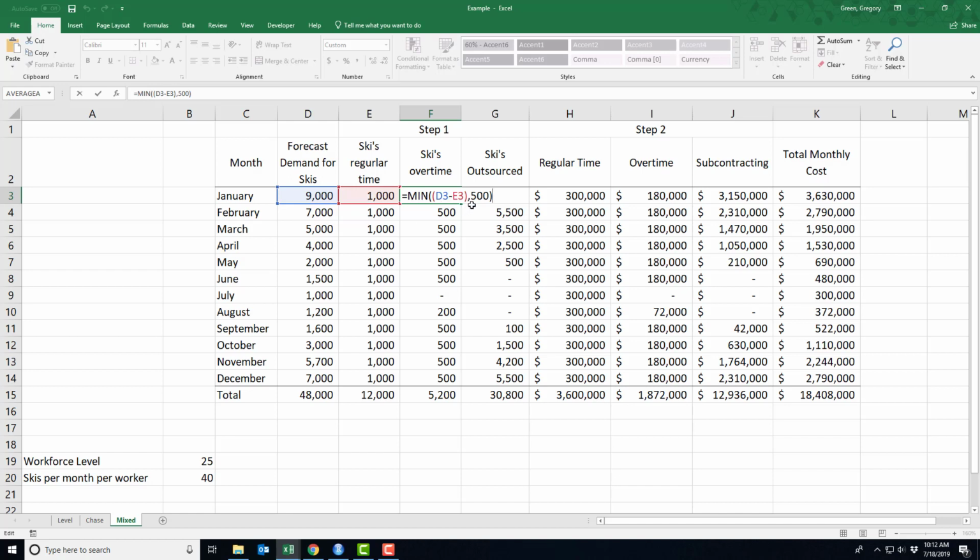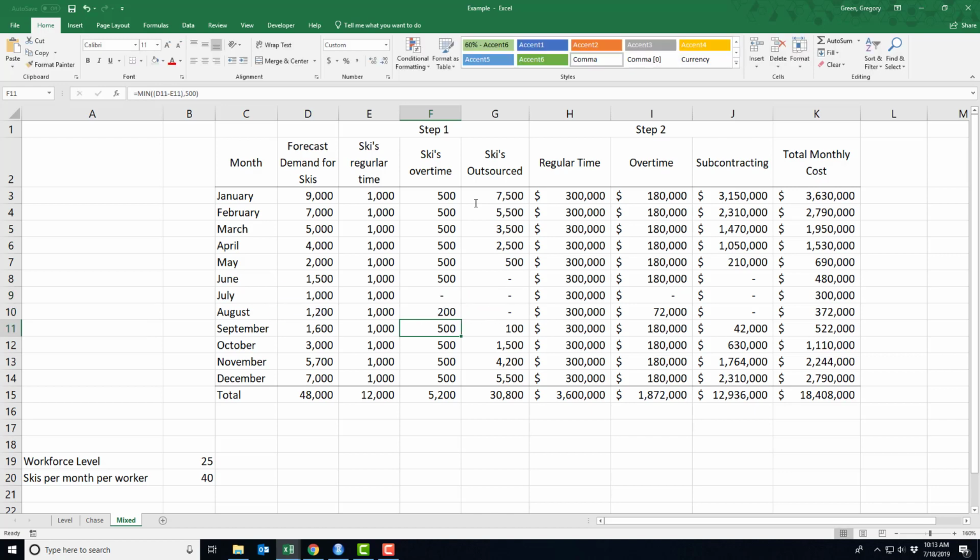Is that smaller than my 500, the maximum I'm able to produce? Well, in this case, 8,000 is not smaller than 500. So in overtime, the 25 people I already have hired are going to be working overtime the entire month. In fact, they're going to be working overtime every month but the month of July, where the difference between 1,000 and 1,000 is 0, which is smaller than 500.